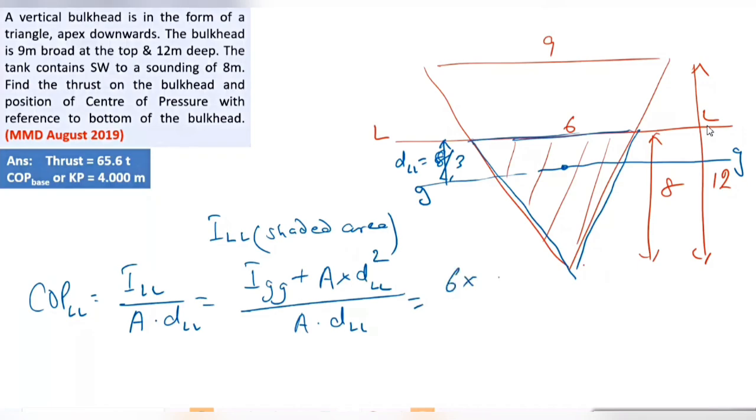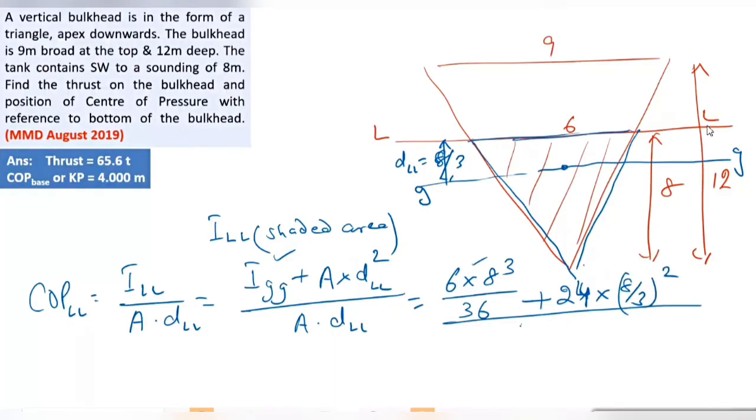B is 6, D cube upon 36. This is IGG. Do you agree with it, Imran? Yes sir. Area is 24, into DLL which is 8 by 3 whole square, divided by area 24 into 8 by 3. If you solve this, it will again come to 4 meters, beta. You can solve and check.